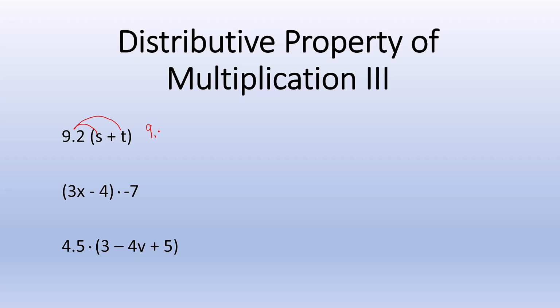So 9.2 times s will equal 9.2s, and 9.2 times t will equal 9.2t. So our answer will be 9.2s plus 9.2t.